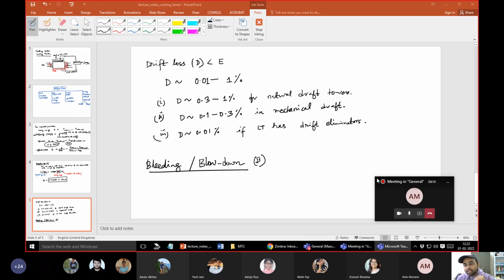Once it starts to form scale, and as the scale layer grows, as the thickness grows, the resistance to the heat transfer will continuously increase, and as a result the net heat transfer will reduce, possibly beyond whatever the design range is, right?